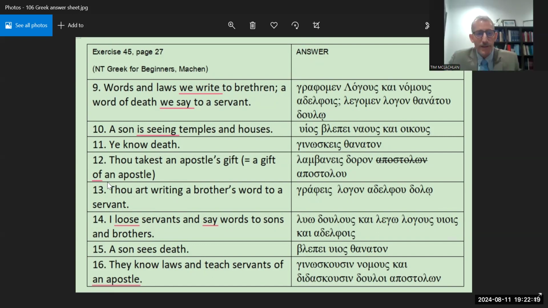That's correct, because it says here thou art writing a brother. Oh, I see. Because the English literally says a brother's word. Yeah, and normally we would say brother's words, I guess, if you're writing a letter, but here we're trying to do a literal translation. And they just gave us in the book, it just says a brother's word. So when it says a brother's word, just one word, then we sort of have to translate it into the singular in the Greek. So that's why we have logon.